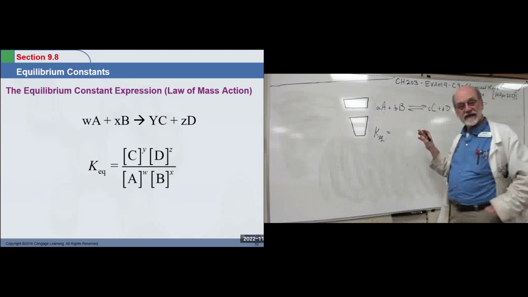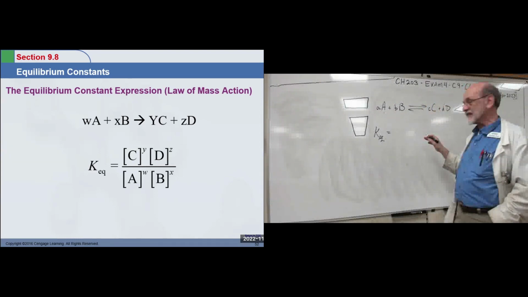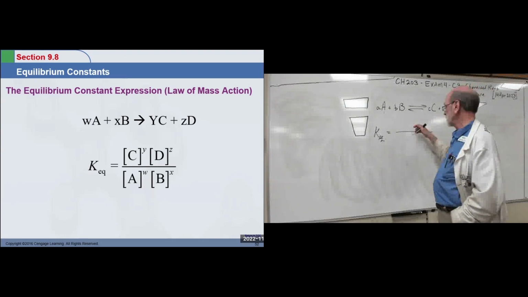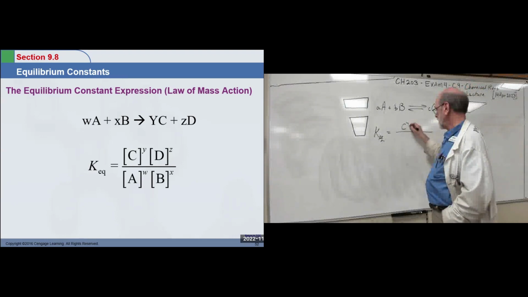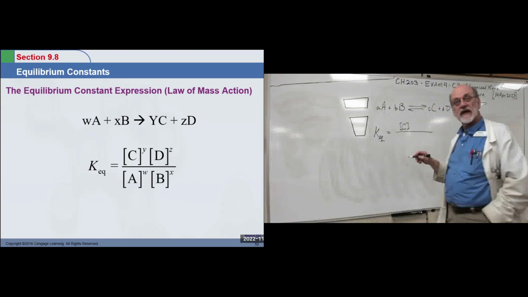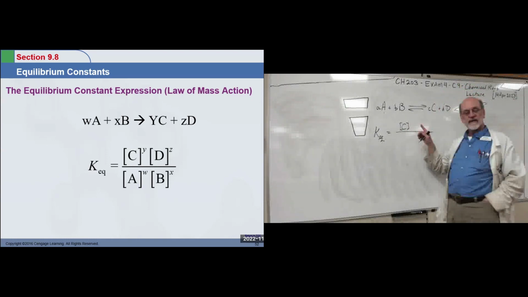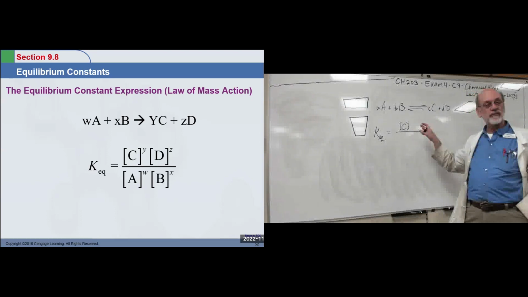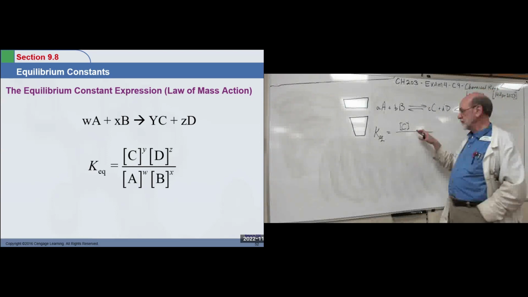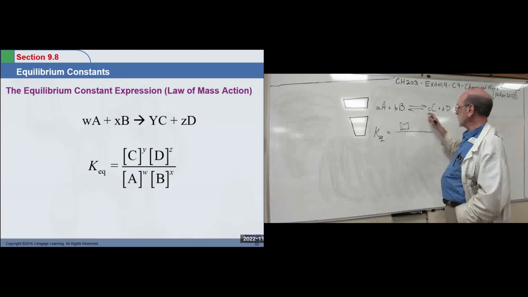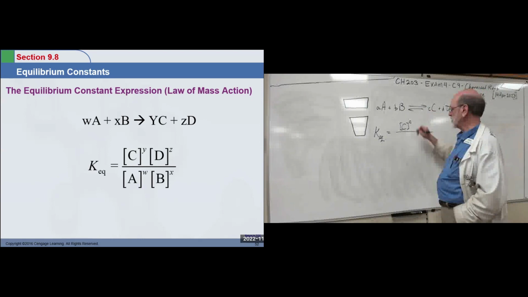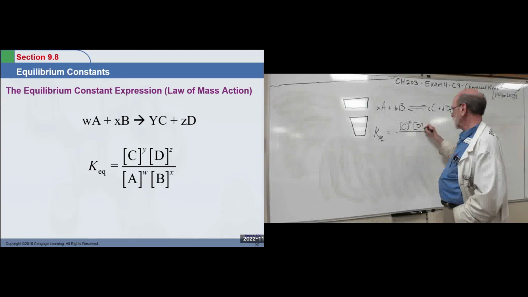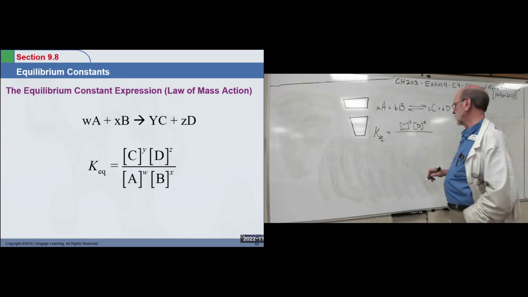And the way we write it, this law of mass action, is we put the products in the numerator, the equilibrium concentration. That's what that bracket means. That square bracket means usually molarity. Square bracket means molarity at equilibrium. And we raise it to the coefficient power times the other product raised to its coefficient power.